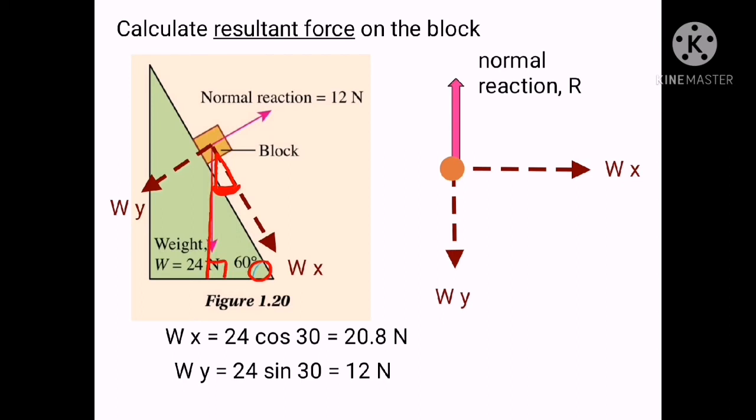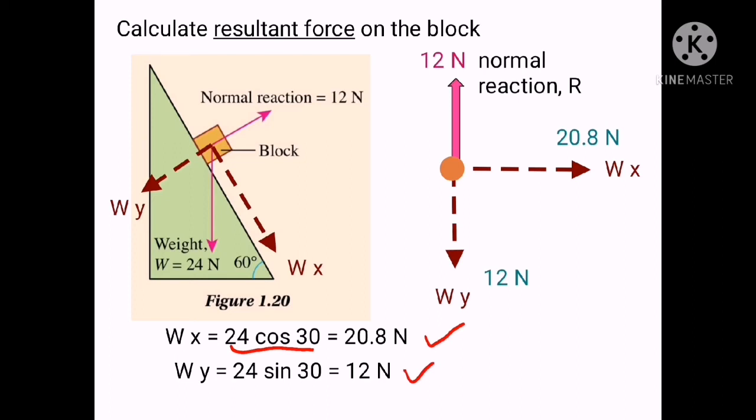So this would be 30 degree. So my Wx is equal to W cos theta. So that is equal to 24 cos 30, which is 20.8 Newton. And my Wy is 24 sine 30, and that is equal to 12 Newton.